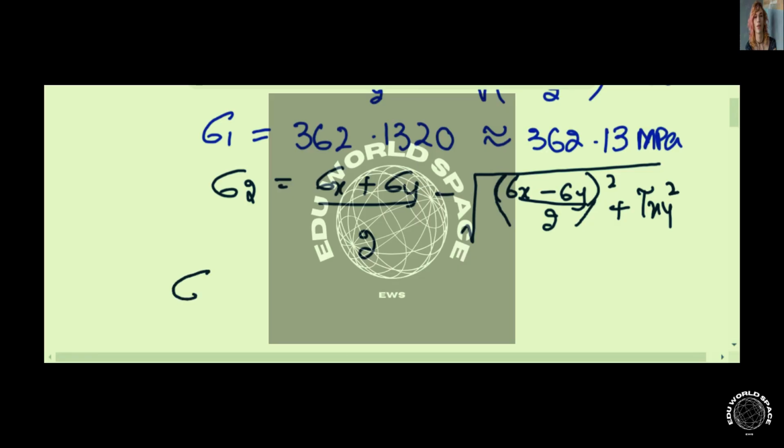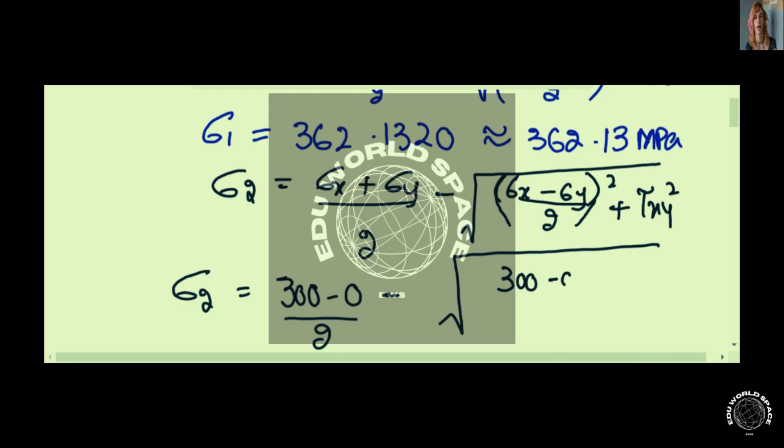So again, just plug in the values, and sigma sub 2 is equal to (300 plus 0) divided by 2 negative under root ((300 negative 0) divided by 2) square plus 150 square, right? Sorry, my mistake, it's positive over here. So let me write it properly.